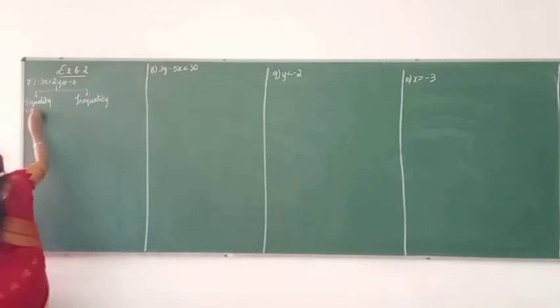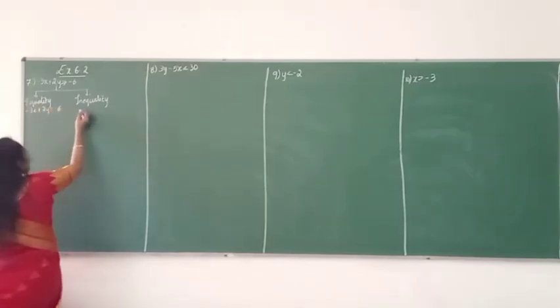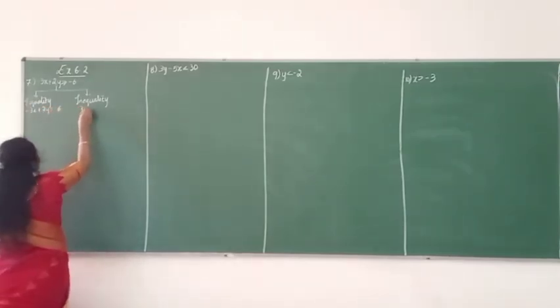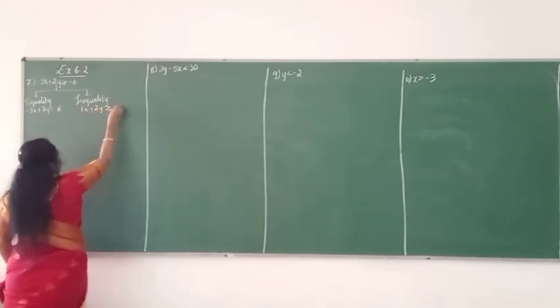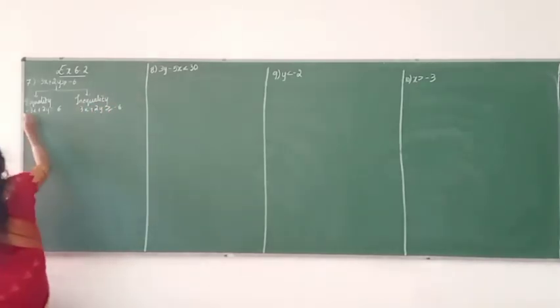So minus 3x plus 2y is equal to minus 6, and next one, minus 3x plus 2y is greater than or equal to minus 6.